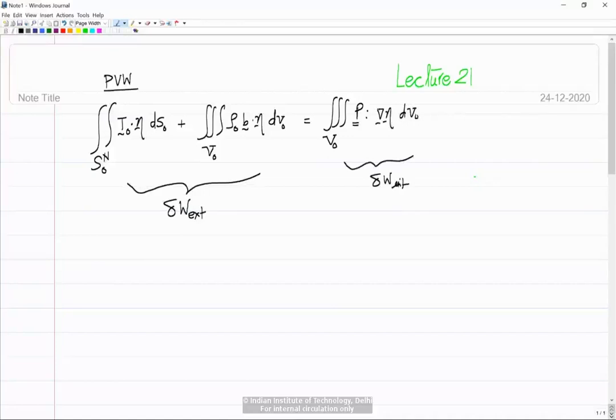So PVW just says at equilibrium the virtual work done by the external load will be the same as that by the internal stresses.